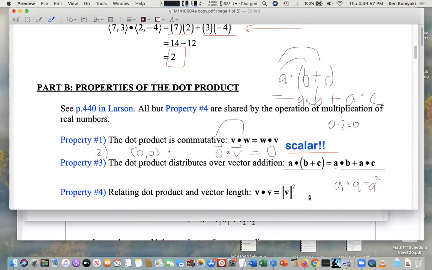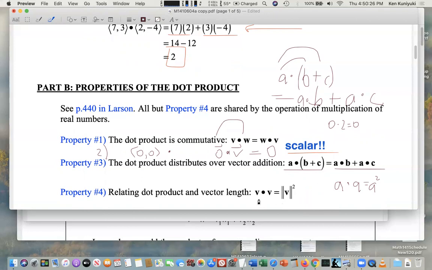We can't use the notation v squared because it's not clear what the nature of the squaring is. Because a square means you're doing v times v. But what kind of product are you talking about? Here, it's clear that we're talking about a dot product. We never say v squared when v is a vector because you're not being clear what the nature of the product is. Is it a dot product, a cross product? What is it? So we never say v squared when v is a vector.